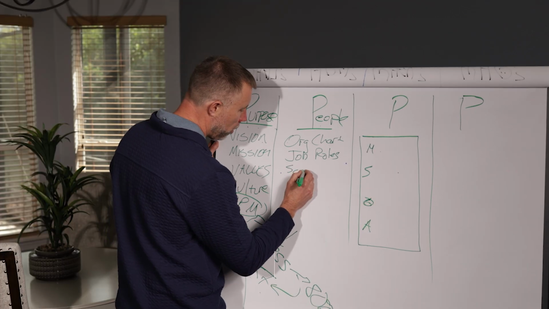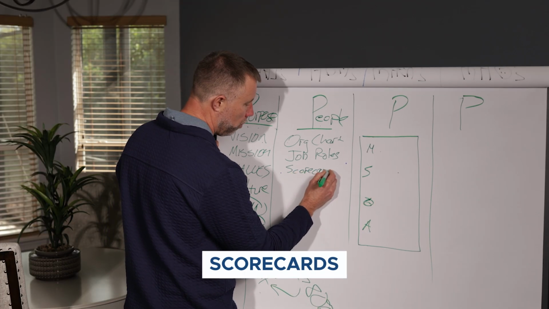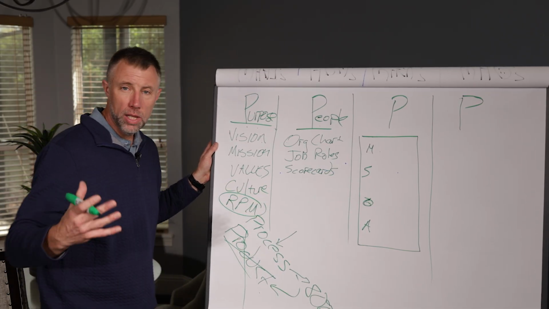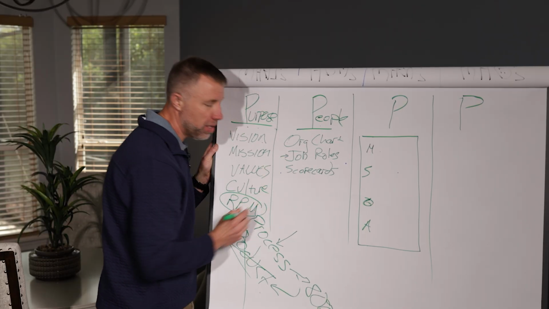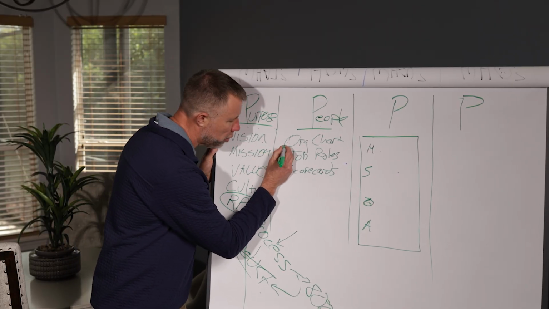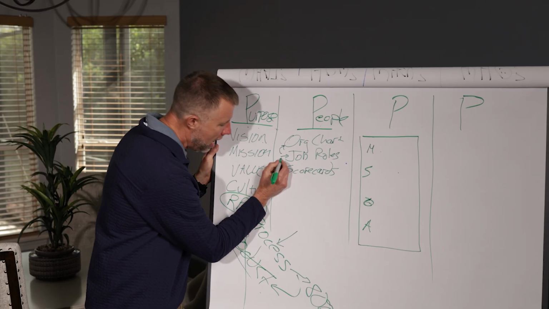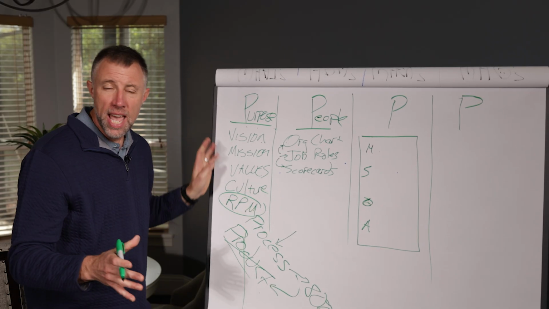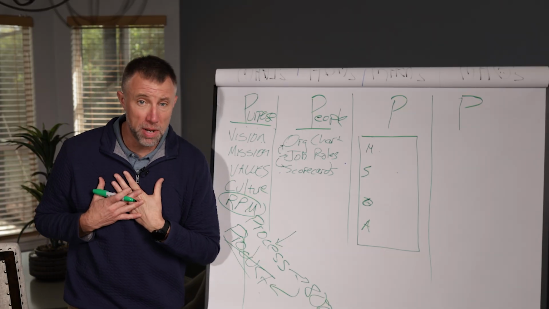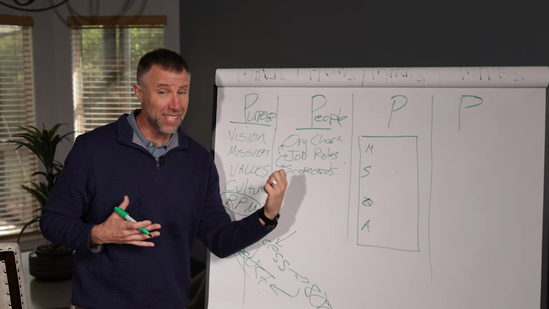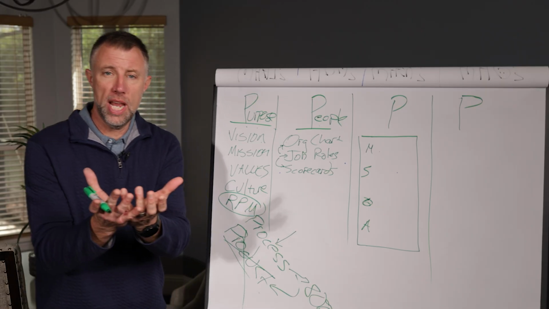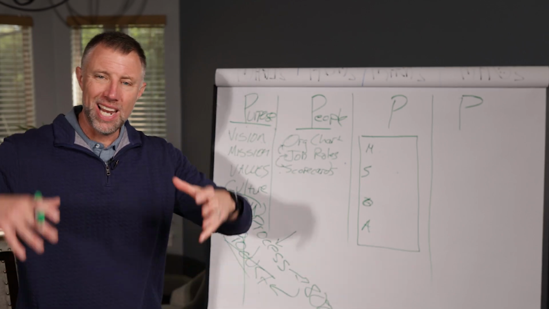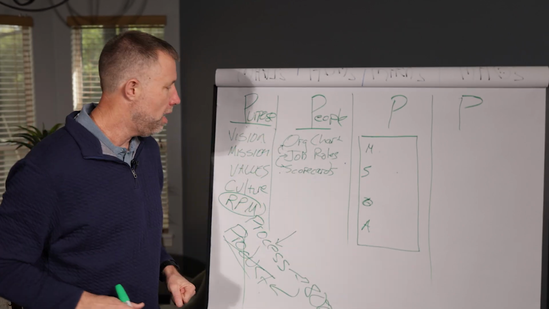We need things like scorecards that walk those job roles through daily, weekly, monthly, quarterly, annually, and what it looks like so that the people who function in these job roles as a function of this org chart and the skeletal system of the business, they know step by step what is expected of them every day, every week. That means we're doing less micromanagement and babysitting, and they're able to flourish and use their own creativity to lean in because they know what the foundation is. They've got a stable, clear foundation by which to work.